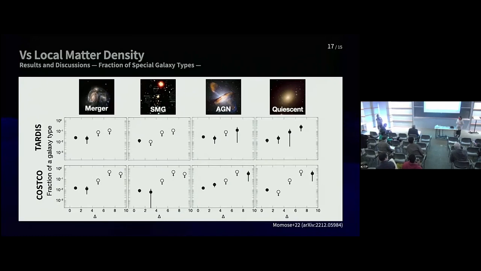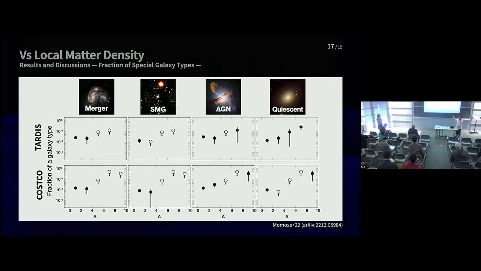So if our result is true, one thing I can say is that redshift 2 does not have a strong impact of environmental effect.